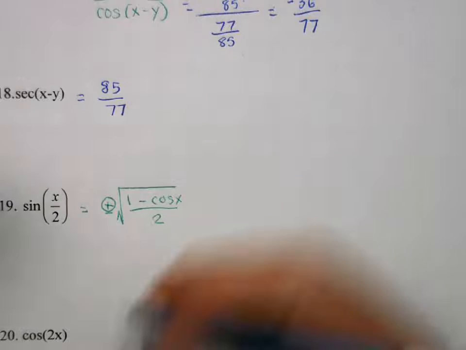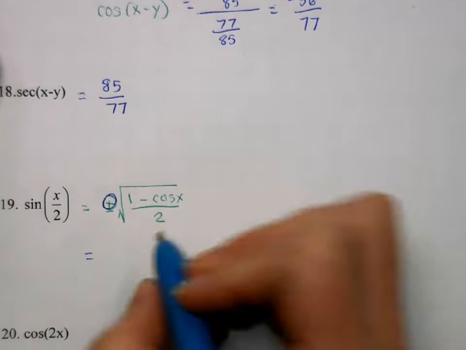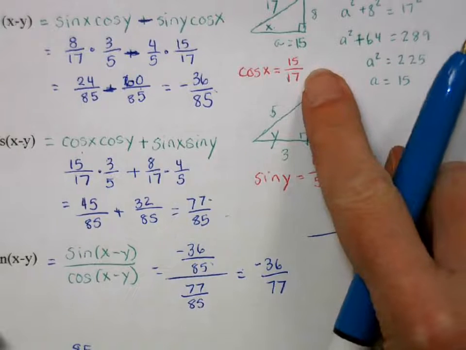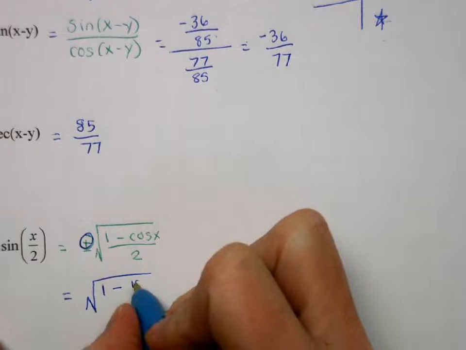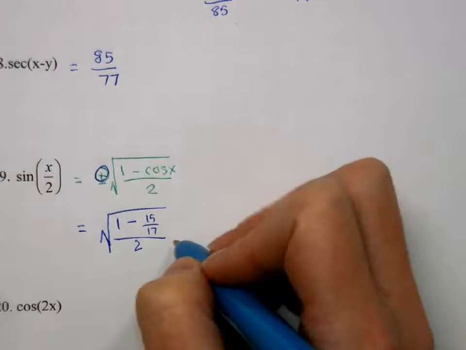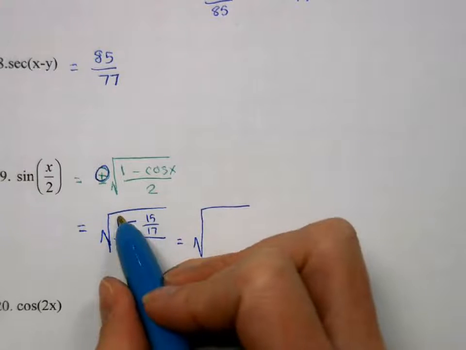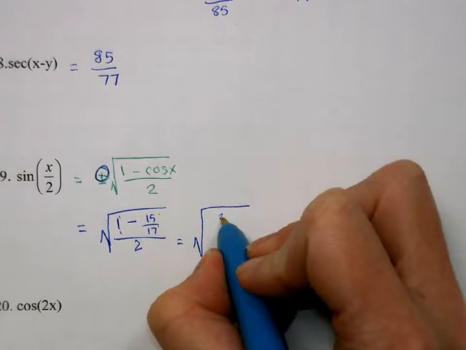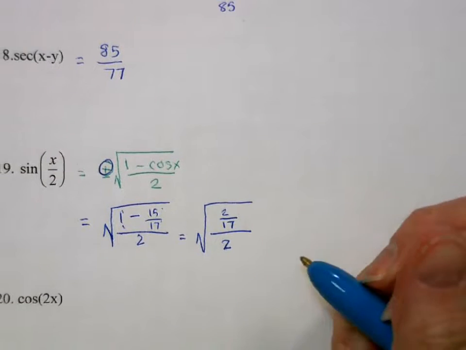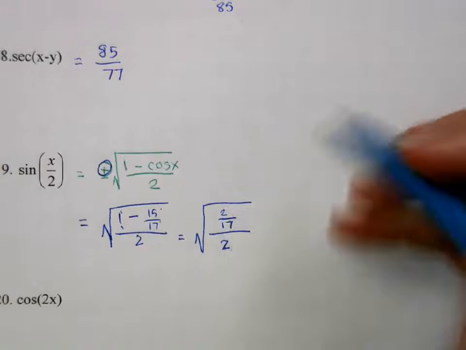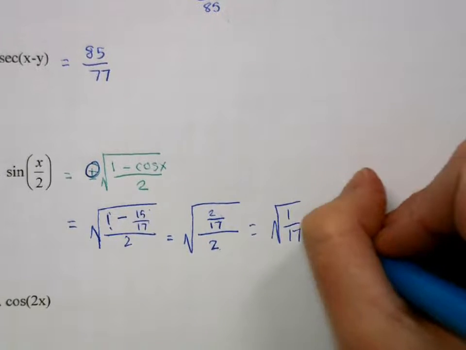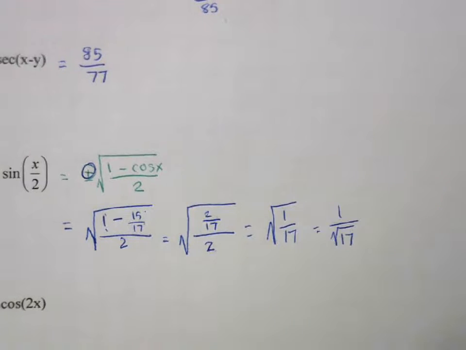So 1 minus the cosine of x is 15/17, and then the rest of this is just simplifying. So this will be 17 over 17 minus 15 over 17 is 2 over 17. And then if I divide 2/17 by 2, we have 1/17. So you can leave it like that. You can write it as 1 over root 17, or if you wanted to rationalize it, we'd get root 17 over 17.